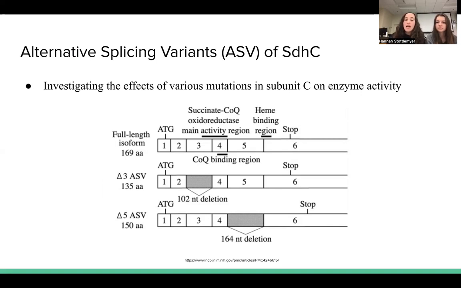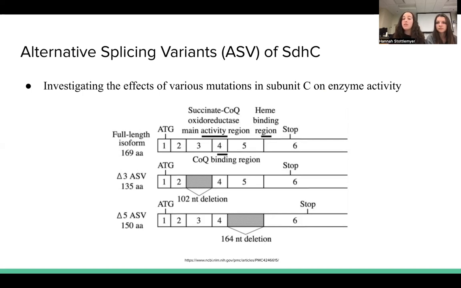In the final amino acid sequence in this figure, it is a delta 5 ASV, meaning it loses exon 5. It still starts with that same start codon. It includes the first 4 exons, but there was a 164 nucleotide deletion of the entire exon 5. Because it is 164 nucleotides, that's not a multiple of 3, so it shifts the frame.